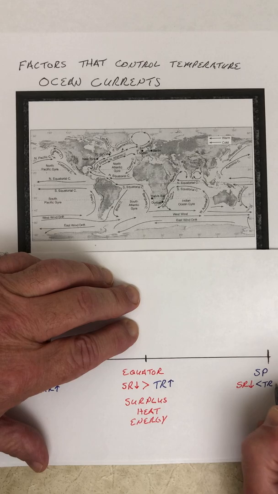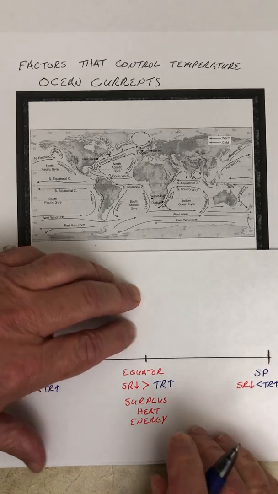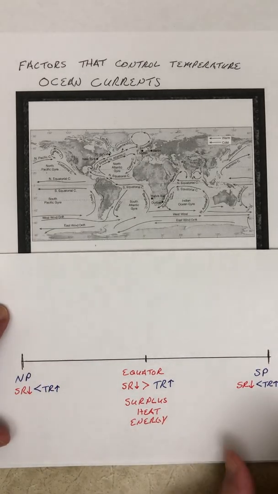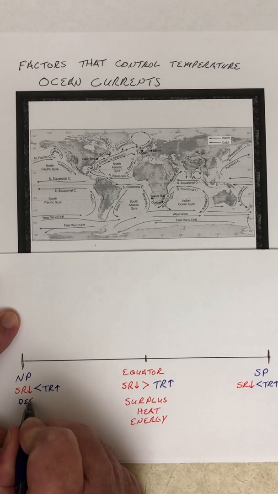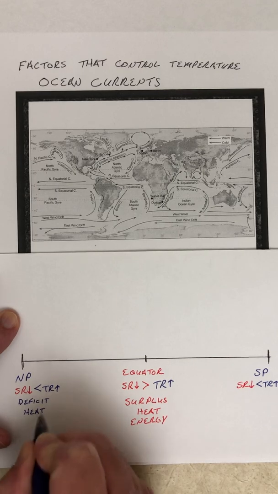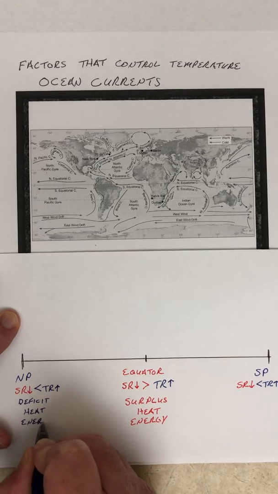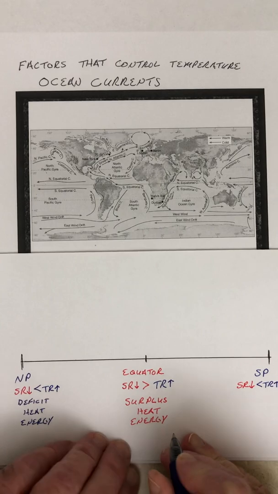There's more energy leaving the planet at the poles than there is being absorbed at those latitudes, and so as a result, we build up a deficit of heat energy at the poles.